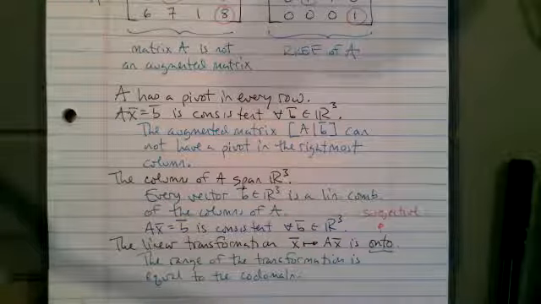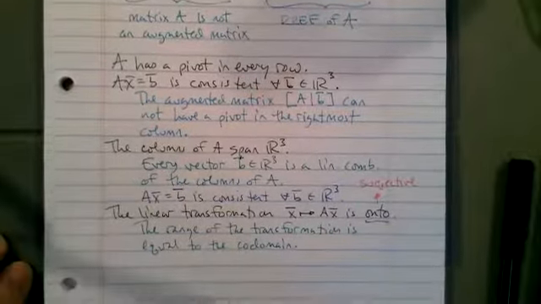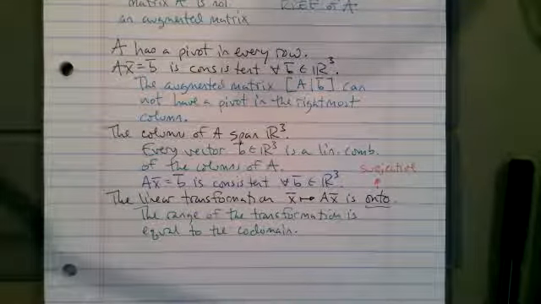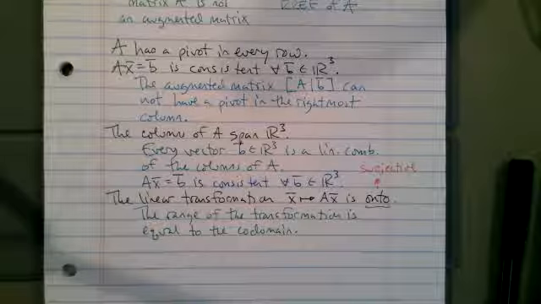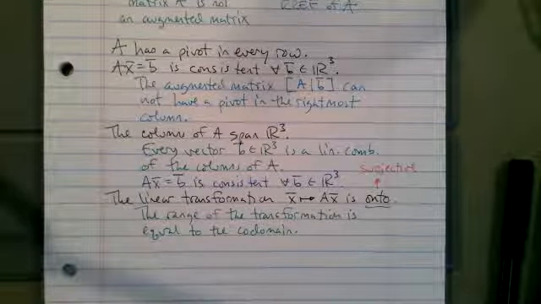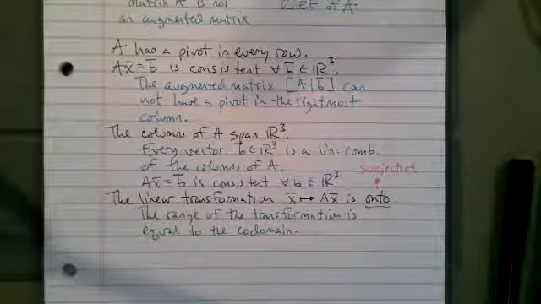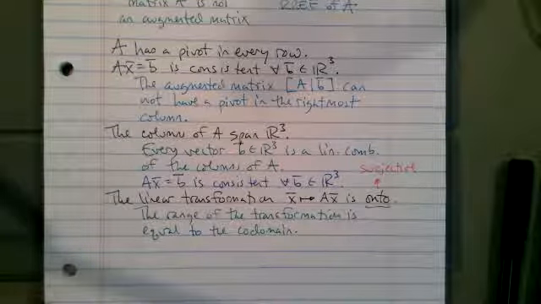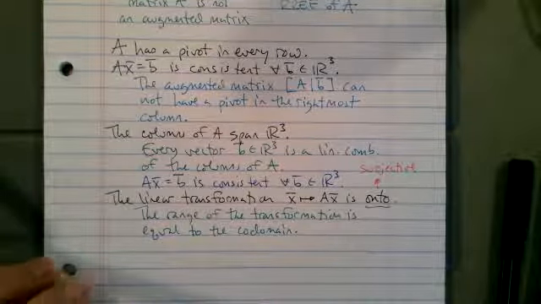This is not something that we would want to include in our explanation. This is just me clarifying what I mean about onto, and also clarifying range and codomain, the distinction between the two. In this case, the range of the transformation is equal to the codomain. What that means is that every b in R3 is the image of some vector in R4.